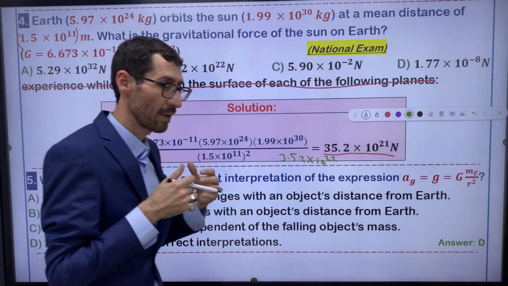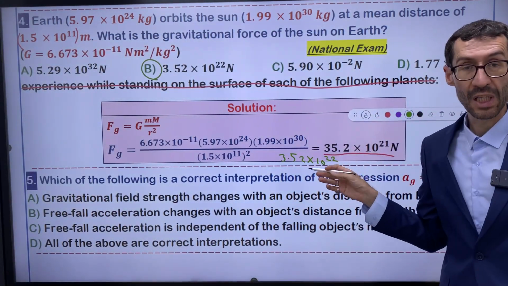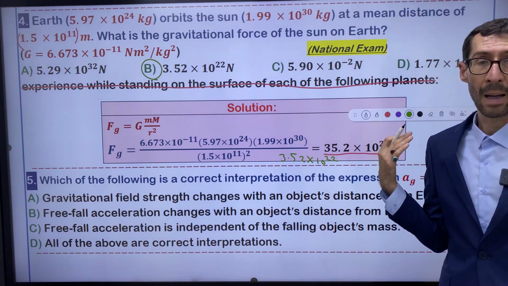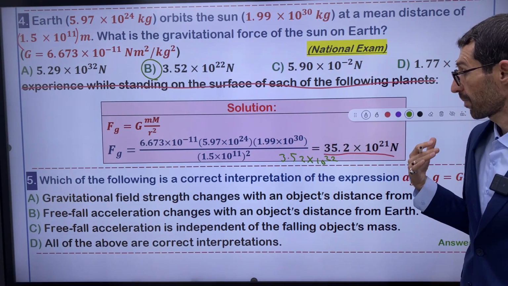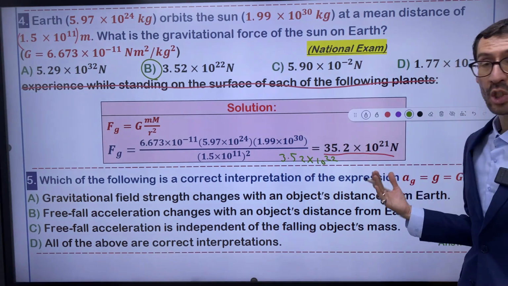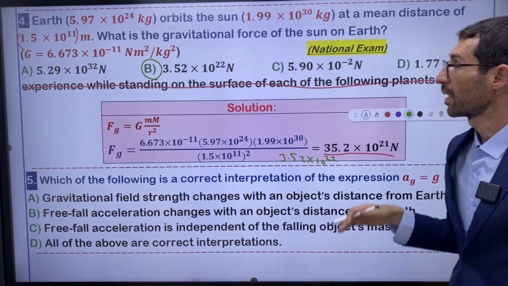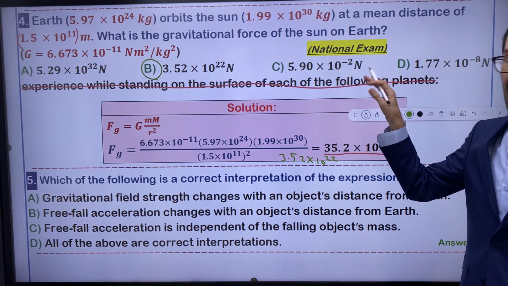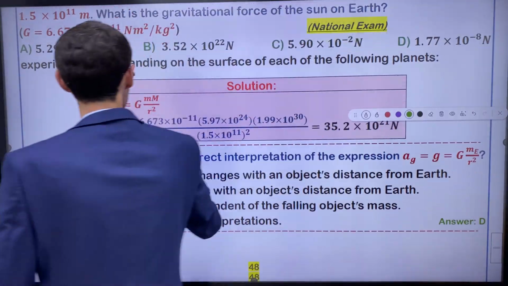So I want you to practice scientific notation and reinforce your ability in mathematics, especially because we need to do some operations after the solution to get the exact number among the multiple choices. All right, so this is a question from the national exam. Let's move on to question number 5.